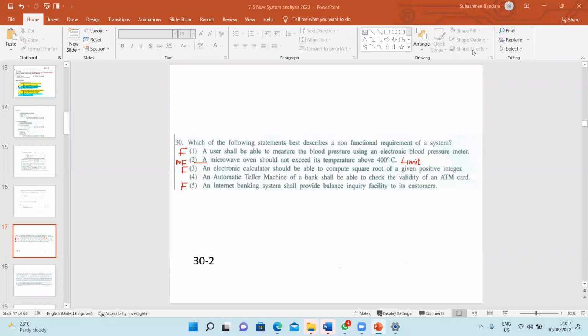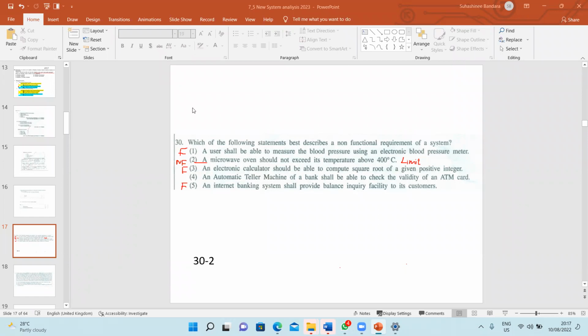Which of the following system best describe a non-functional requirement of a system? A user shall be able to measure the blood pressure using an electronic blood pressure meter. What can you think about? If it is a blood pressure meter, it obviously should be able to check the blood pressure.